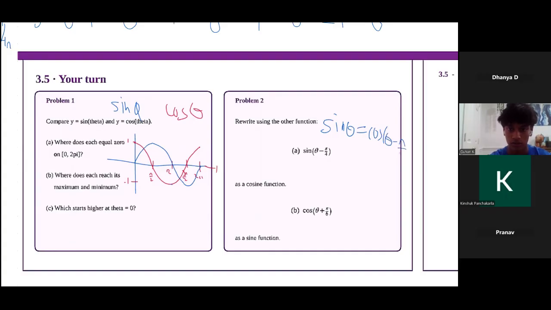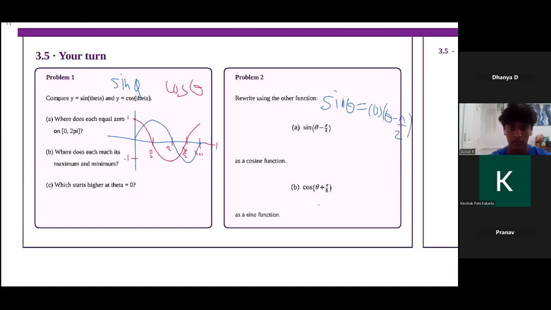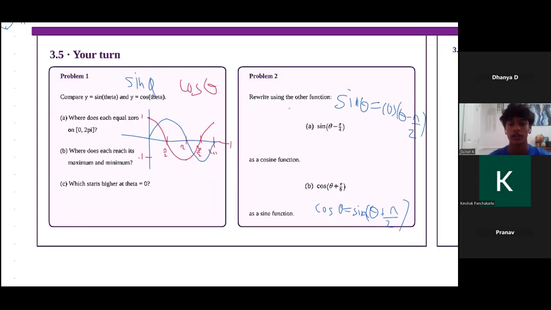And for this one, cosine of theta equals sine of theta plus pi over 2. So write these two functions as the opposites, the sine is cosine and cosine is sine. And I'll give you guys like 3 to 4 minutes to do this, and I'll explain it right after.